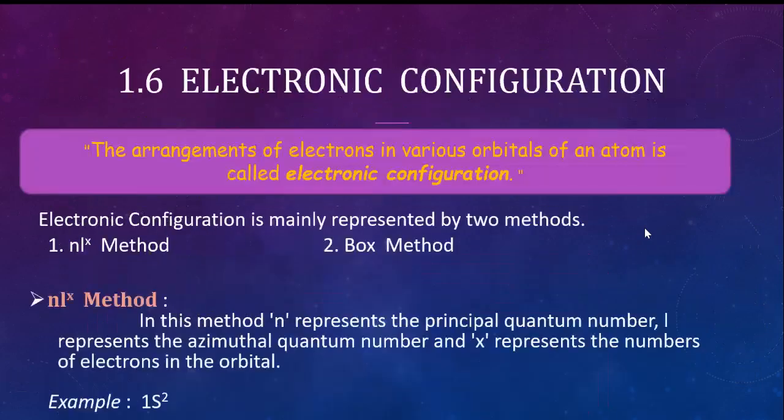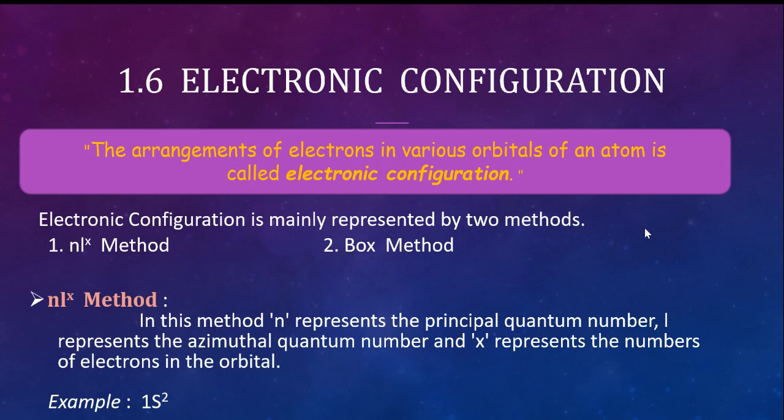So we started with the electronic configuration. Electronic configuration is nothing but the arrangement of the electrons in various orbitals of an atom. And the electronic configuration may be expressed in two ways, either in the nlx method or in the box method. Before going to study the electronic configuration, we should have a brief idea about the quantum numbers also.